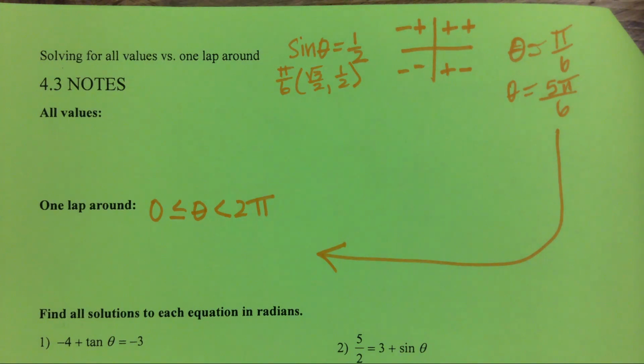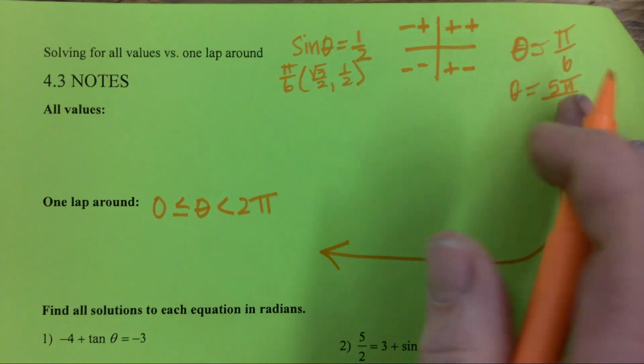But this thing can go around. We've already gotten ourselves to 5 pi or 5.5 pi. We can go around and around and around. And so when we need to talk about all solutions, all values, all possible answers, we need to consider the fact that we can just keep getting back to that same point by going one lap around the unit circle.